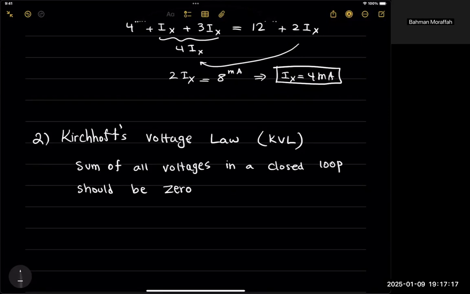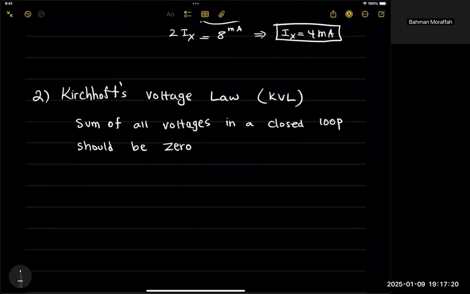Right? And let's have the convention here. The convention is that if I have an element and the voltage that we're encountering goes from positive to negative, we consider that voltage to be positive.